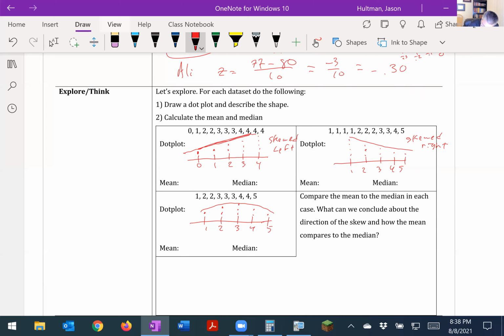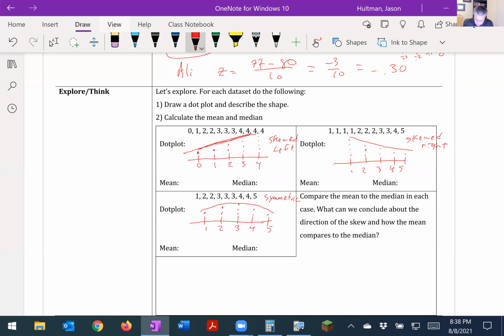It's not skewed, it's unimodal and symmetric. Unimodal means one mode, and they all have one mode basically, so it's not quite as important, but it is symmetric. Okay, let's calculate the mean and the median.